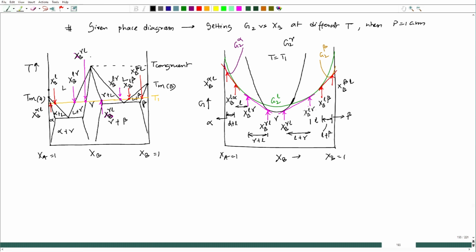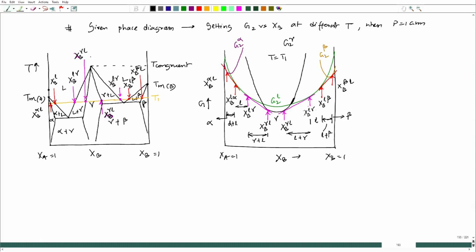So, now you can see that even if a phase diagram is given, with your ideation and knowledge of the free energy composition diagram, you can actually plot those equilibrium situations considering all the free energy plots. Now, here you see, since congruent melting appears due to a very high stability of the solid phase, in this particular free energy composition diagram the G2 of gamma has the most stability, because it is very steep, convex downward.